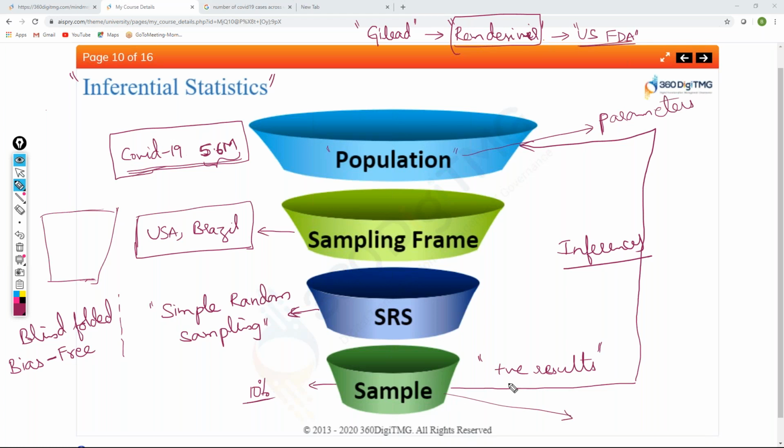When you work on a sample and calculate the average age of people who are infected with COVID-19 in this 10%, then the average is called a sample statistic, or sample statistics. So, population parameters, sample statistics.